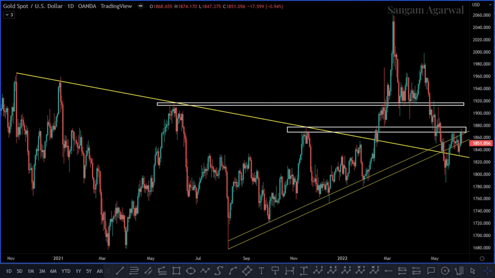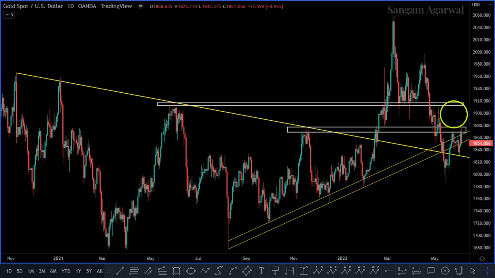If we go to the daily time frame, then you can see price broke out of this yellow trend line, then this fake breakout, and now it is retesting this yellow trend line. But before that, we have these two horizontal resistance zones on the daily time frame.